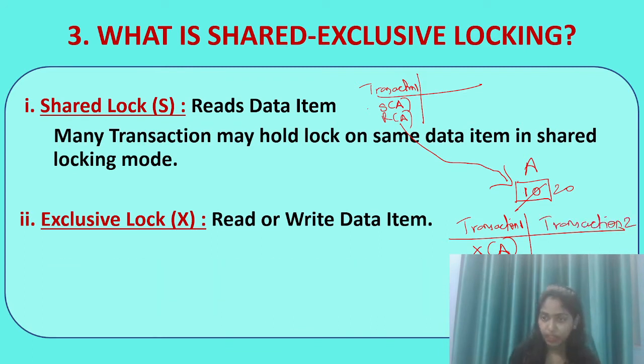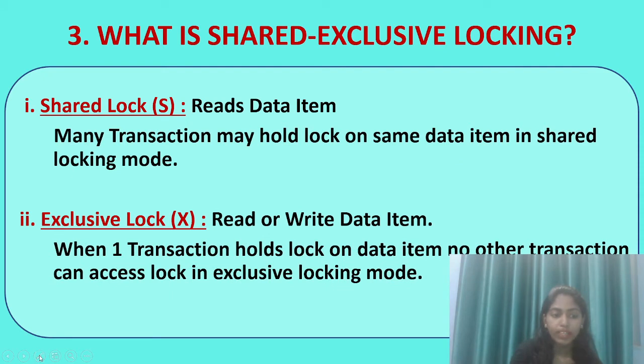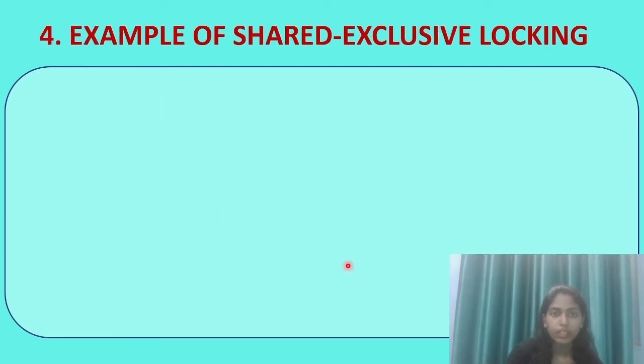If I write an exclusive lock on A over here, this will be wrong, because the exclusive lock is already given to transaction 1, and when one transaction has the exclusive lock on a data item, another transaction cannot have it. The request won't be granted. Now we'll see one example on the shared exclusive locking protocol.